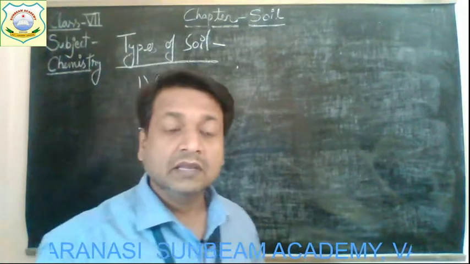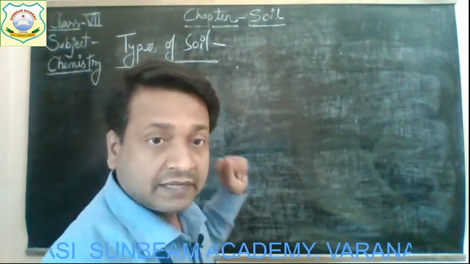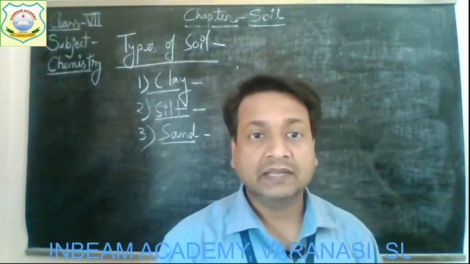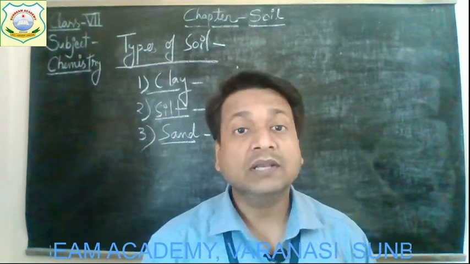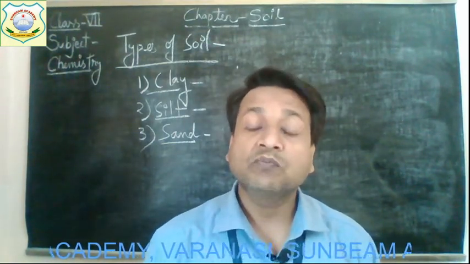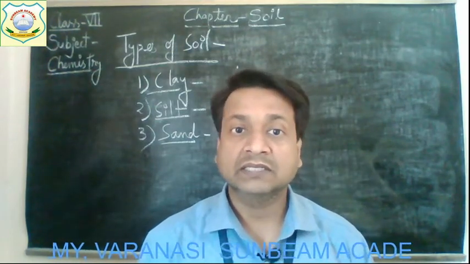Alright, children. Now, come one by one to these rock particles. So the clay is the first kind of rock particle, which has the smallest size of particles, less than 0.002 millimeter in diameter.